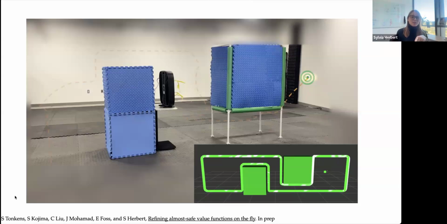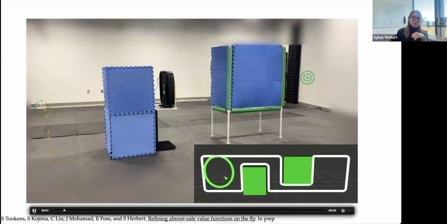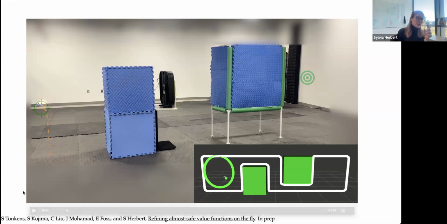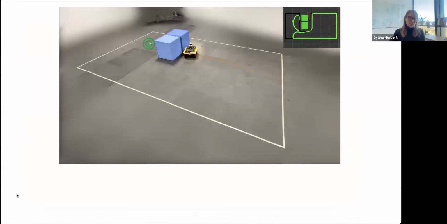This one does for a static environment, in that you always start with something more conservative. So instead of initializing with the entire region assumed known, it initializes with just what you can locally sense is safe and slowly updates this. And so you would see exactly the type of behavior you were talking about, where it hesitates until it can keep moving forward.